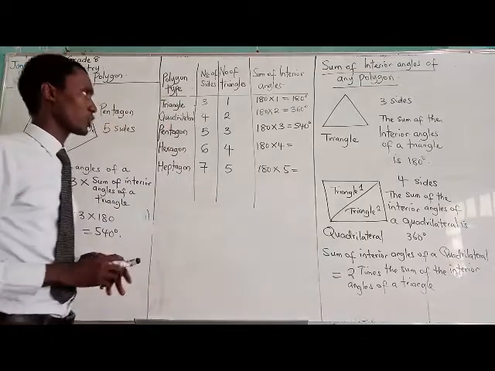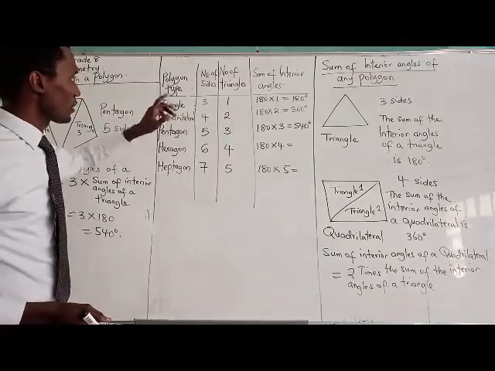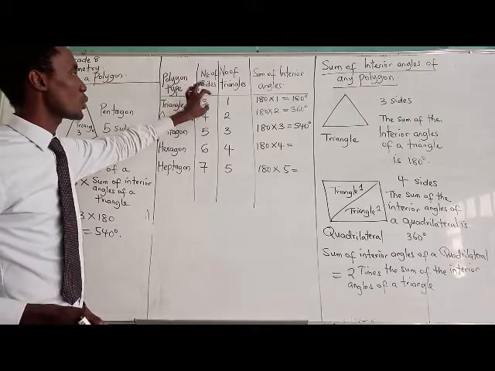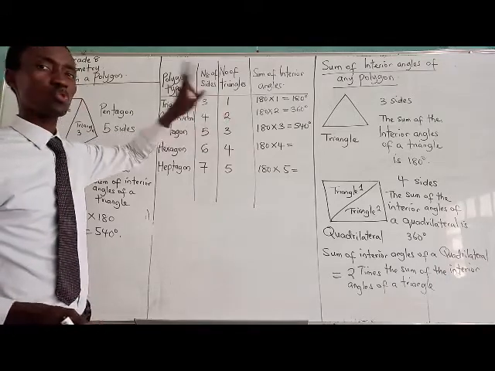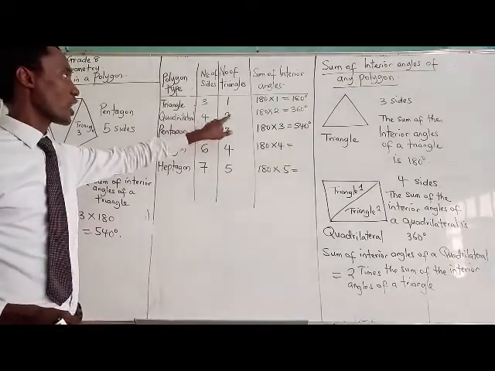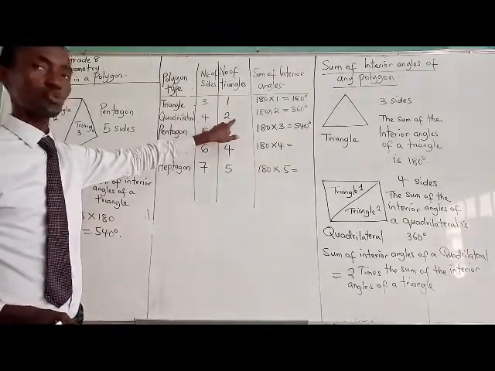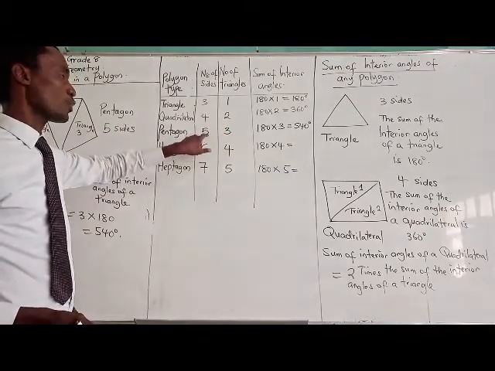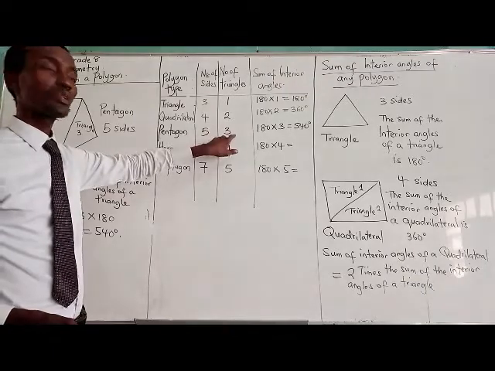Now let me do a little explanation here. If the number of sides is 3, the number of triangles will simply be 3 minus 2. The number of sides is 4, the number of triangles will be 4 minus 2. The number of sides is 5, the number of triangles will be 5 minus 2.